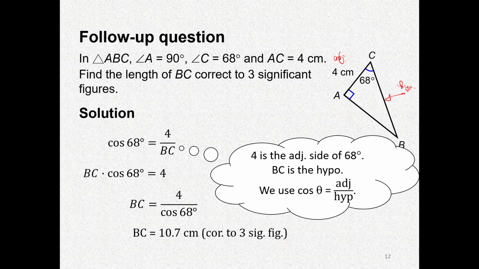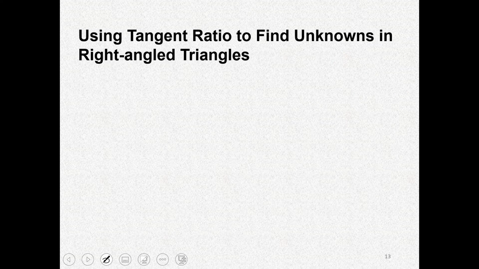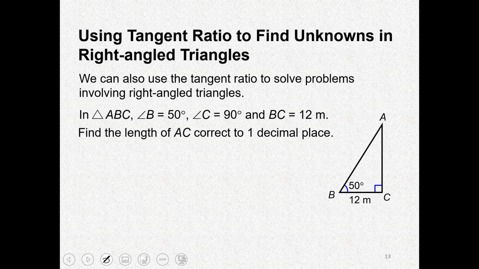Okay, so next. So here, we have the 50 degree, and then now I'm asking you for the AC. So, what is the relationship of AC to the 50 degree? This is the opposite side, right?